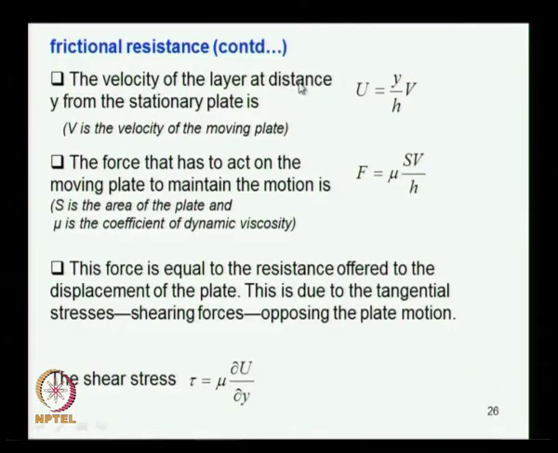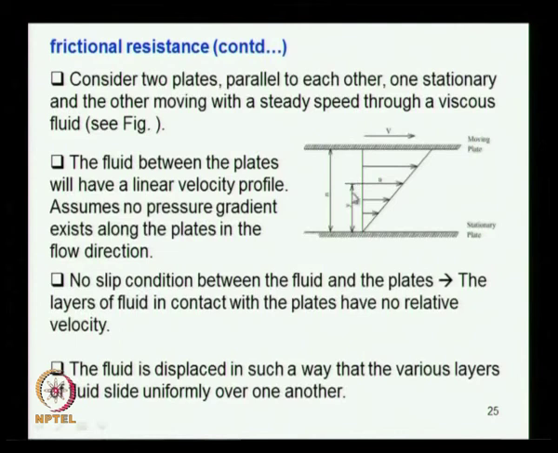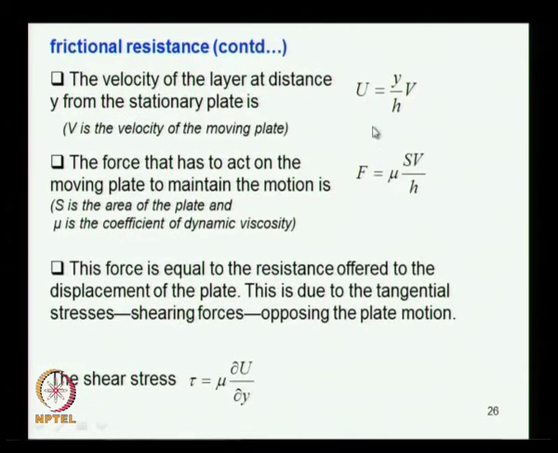If you look at the velocity, it is the velocity of the layer at a distance y from the plate. Here small u is the velocity at any position, y is the distance, and h is the separation of the plates.